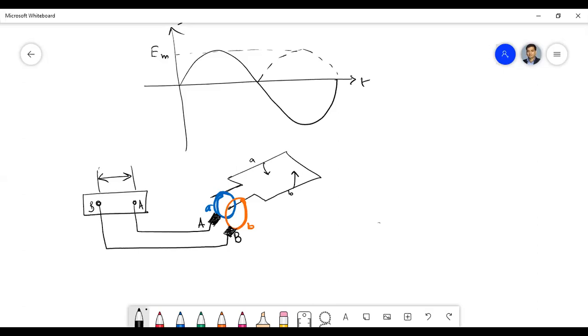Okay, suppose the voltage I have drawn here is basically EAB. Now here will it be pulsating? In one half, A is positive with respect to B, and in the other half, A is negative with respect to B. So in the positive half cycle, what will be the polarity of A and what will be the polarity of B?